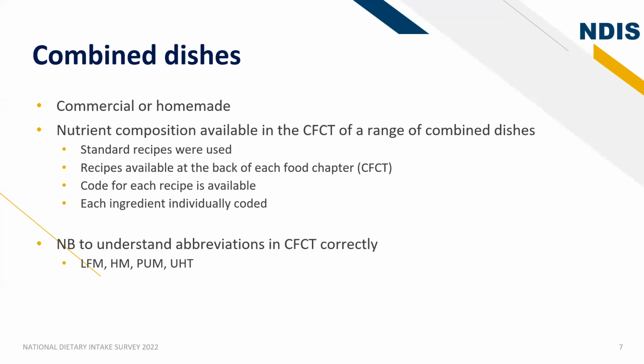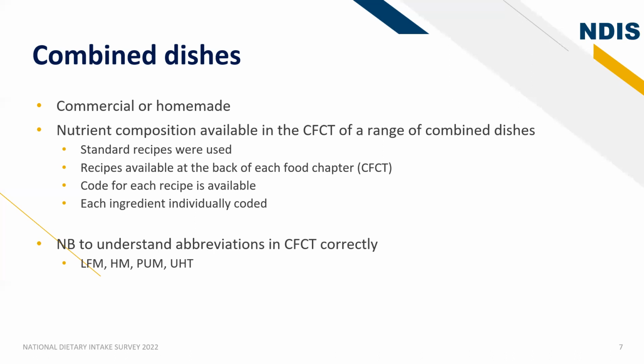You'll have a recipe available there, and the code for each recipe is available, or each ingredient can be individually coded. You will also see, if you look at the recipes at the back of the chapter, that each ingredient also has its own code. So you can make use of that as well.